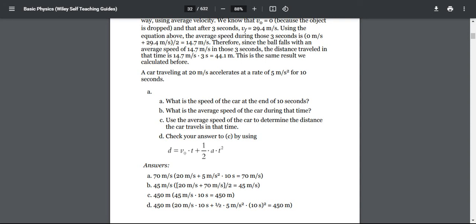Now we are going to use the long equation to check whether our new answer is correct or not.